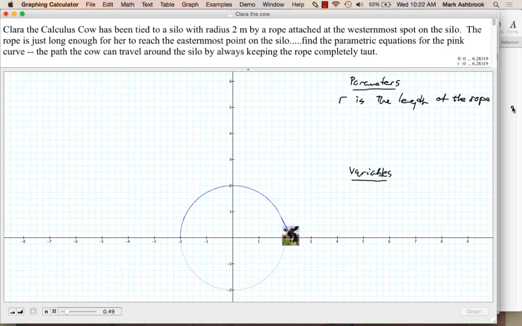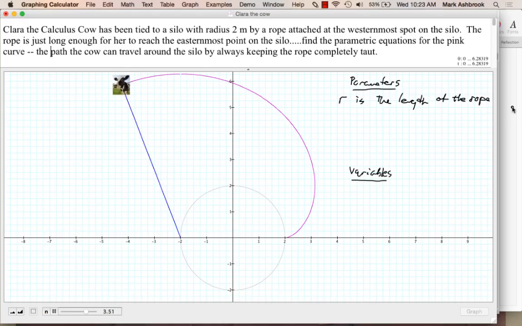And what is the value of the length of the rope? Exactly. Can we describe it exactly? What is it? 6? Where's the 6 coming into it?